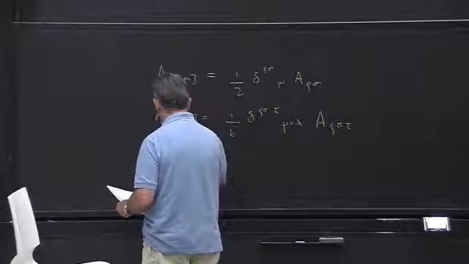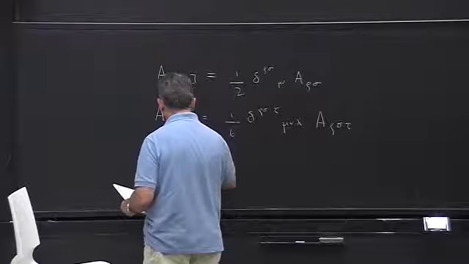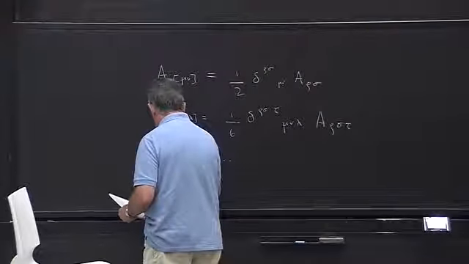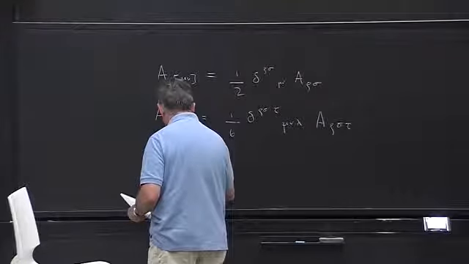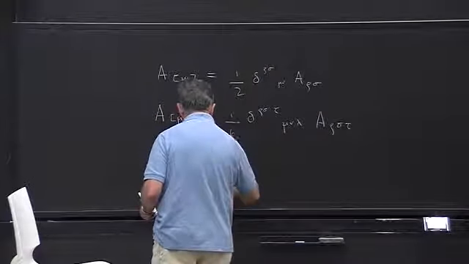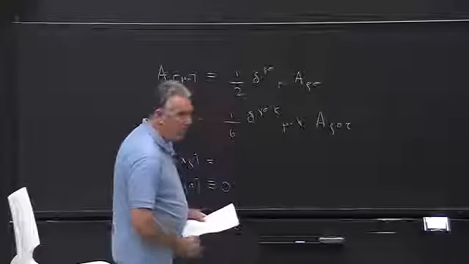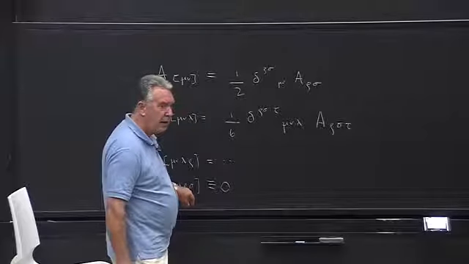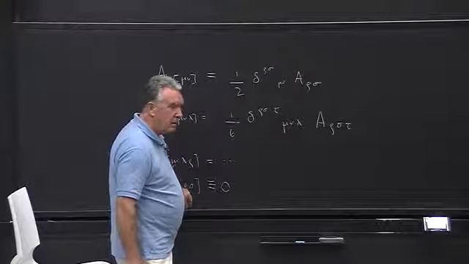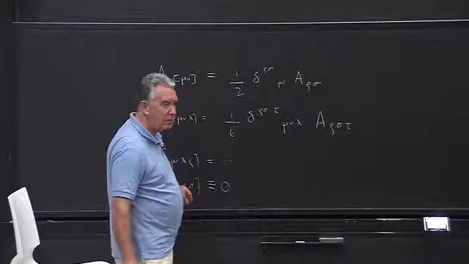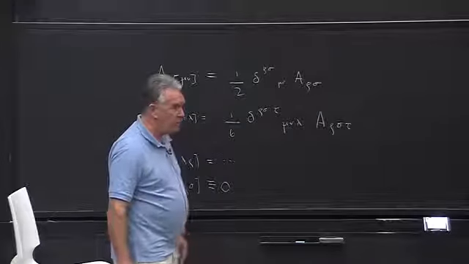So I can do the same with 4, but mu lambda rho sigma is identically 0. Because if it's antisymmetric under interchanging any pair, if I've only got 4 dimensions, 2 of them are bound to be the same. So it's automatically 0.